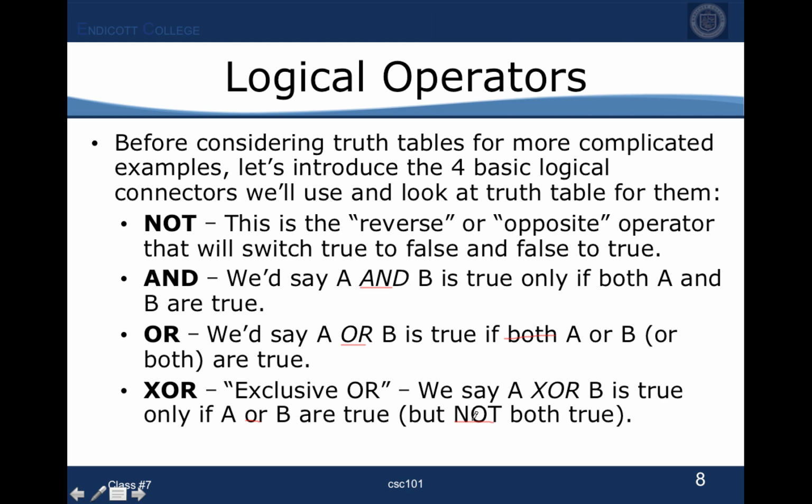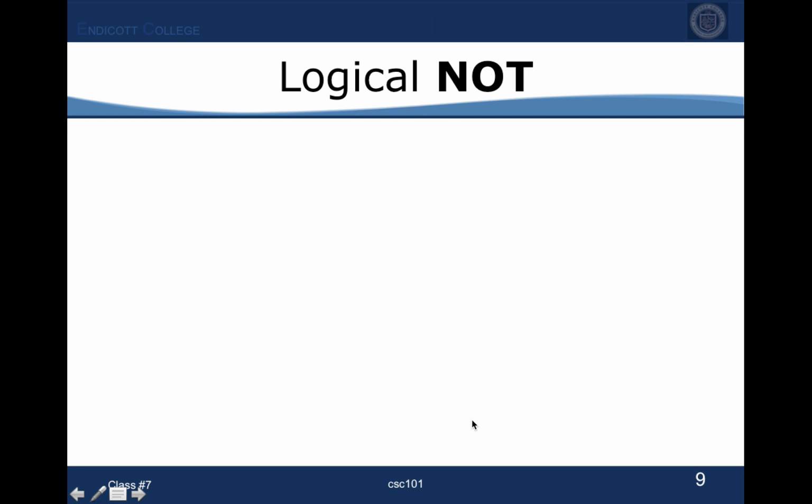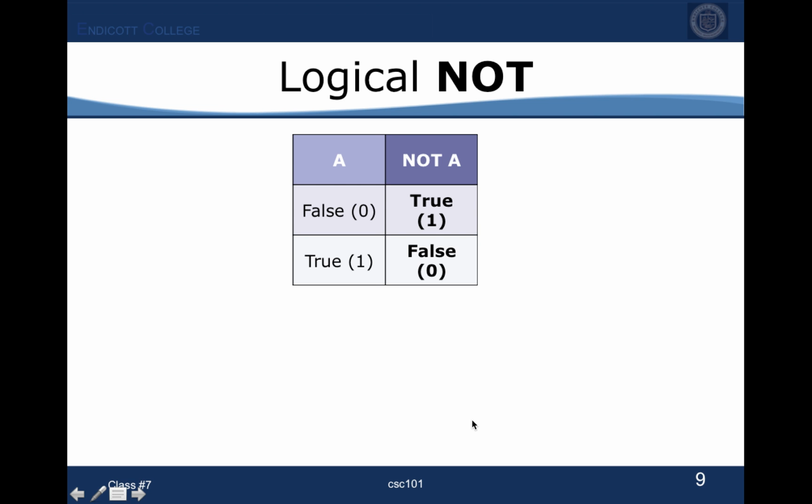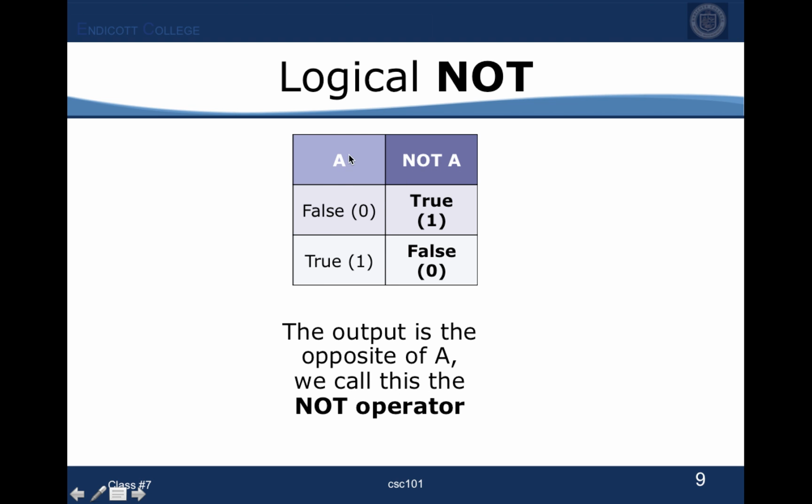All right, so these are the general descriptions of our four main operators. Let me show you truth tables of each one. So, the not operator. This is our first example of a truth table. I want to make the truth table for not A. A is my only proposition, and A could be either true or false.